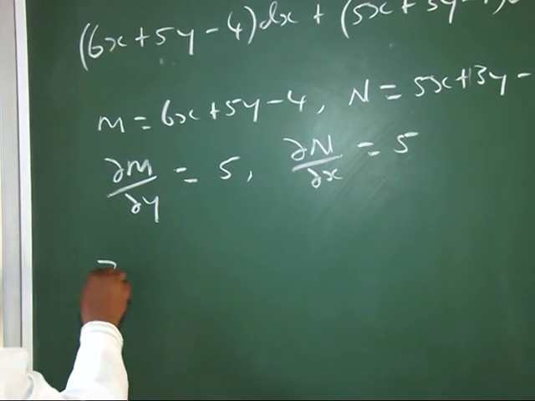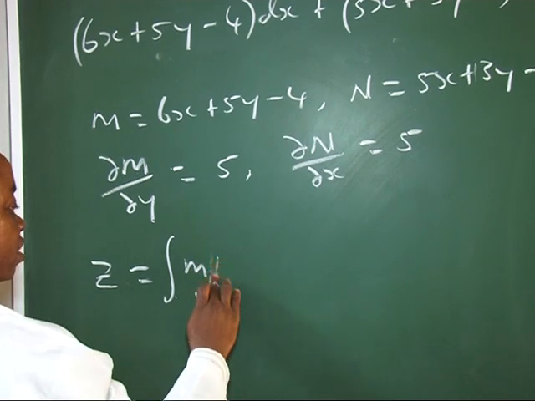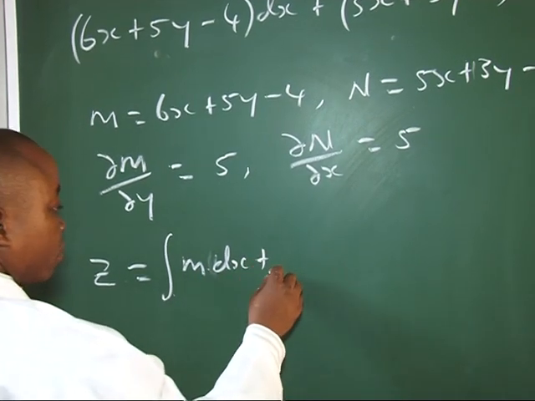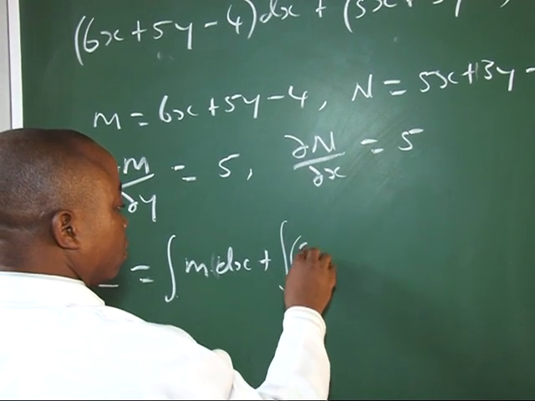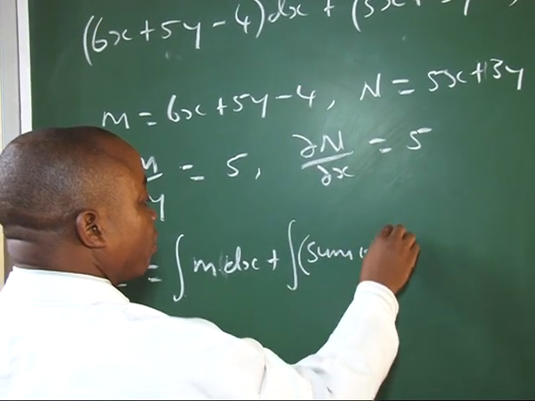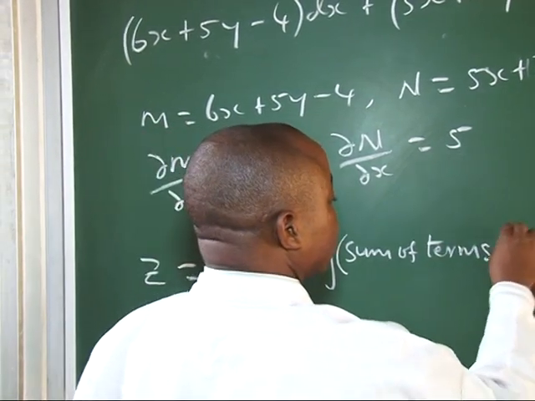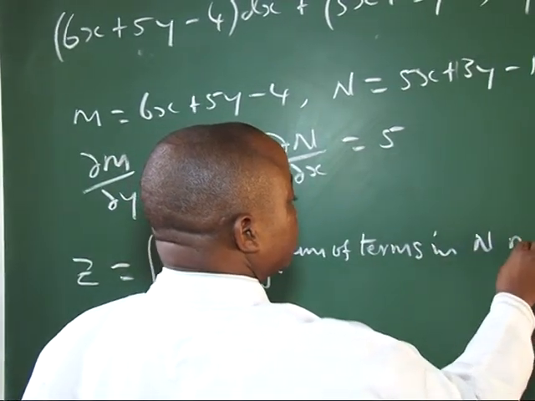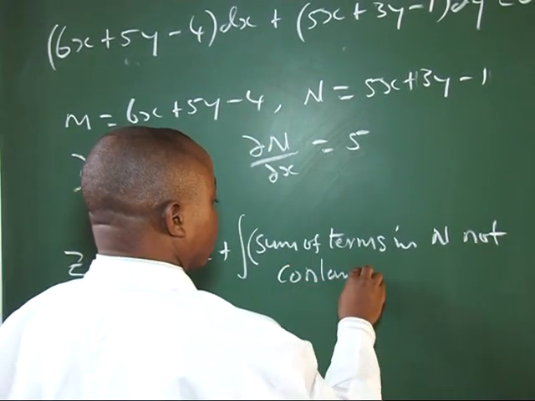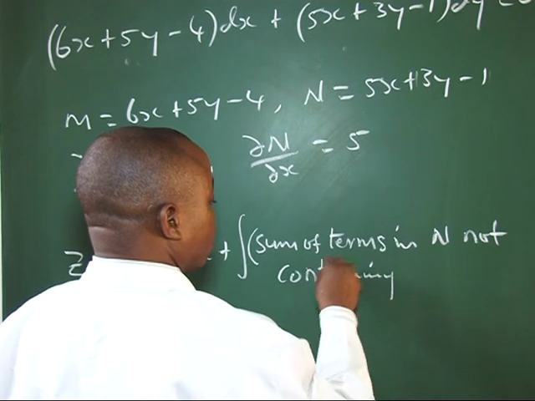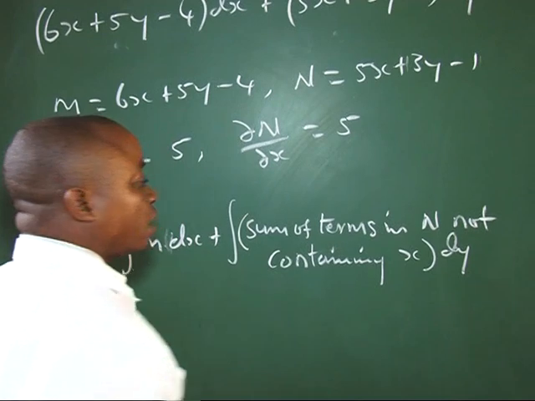Now z will be equal to the integral of M dx plus the integral of the sum of terms in N not containing x, dy.